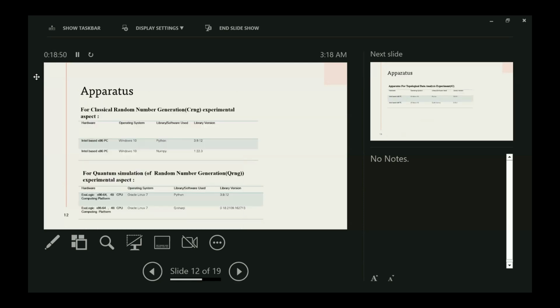And this is just for the record of what apparatus was used for classical and quantum. For the classical, we used Python and the NumPy library, and for the quantum simulation, we used Python and Q#, which is the quantum simulator from Microsoft. That is, in summary, a description of the apparatus that was used.